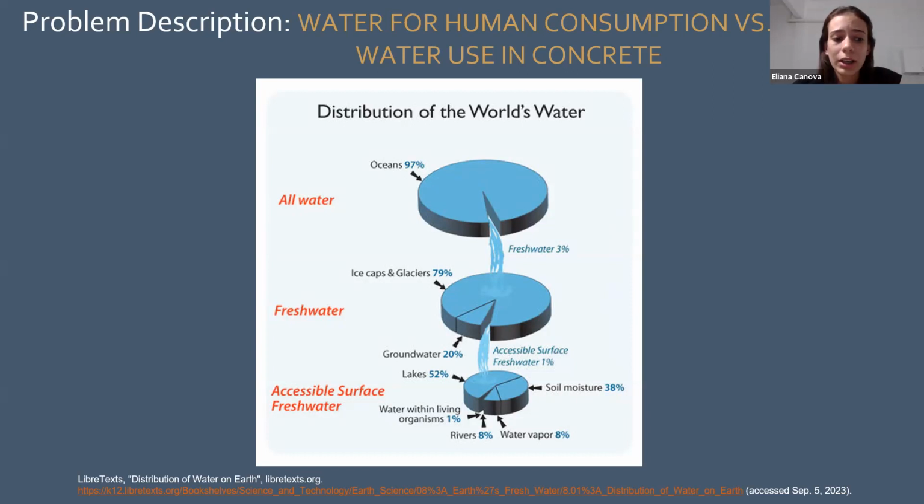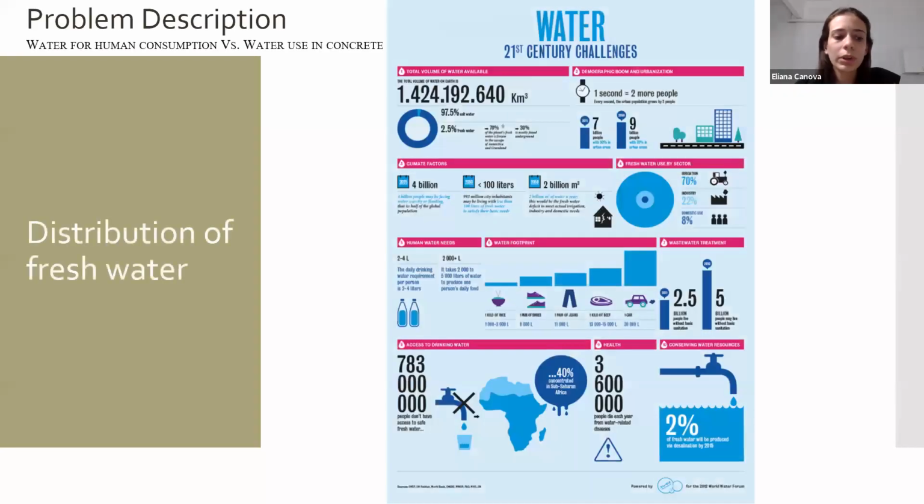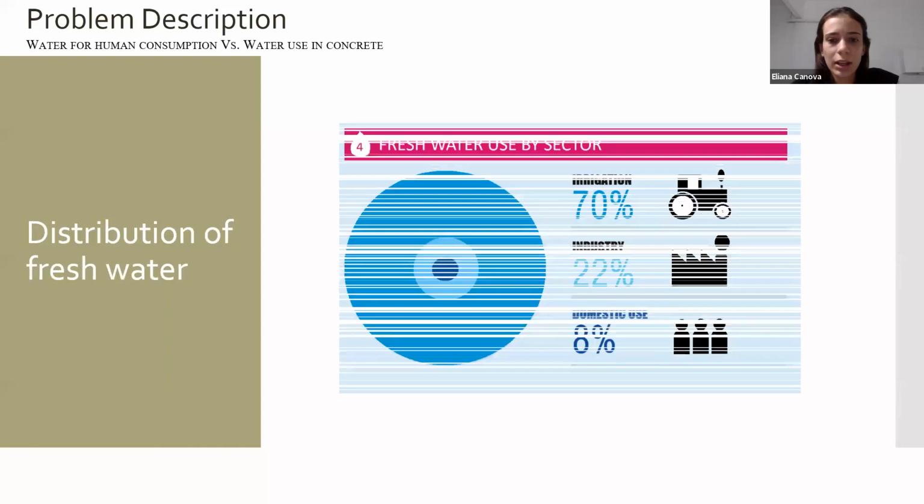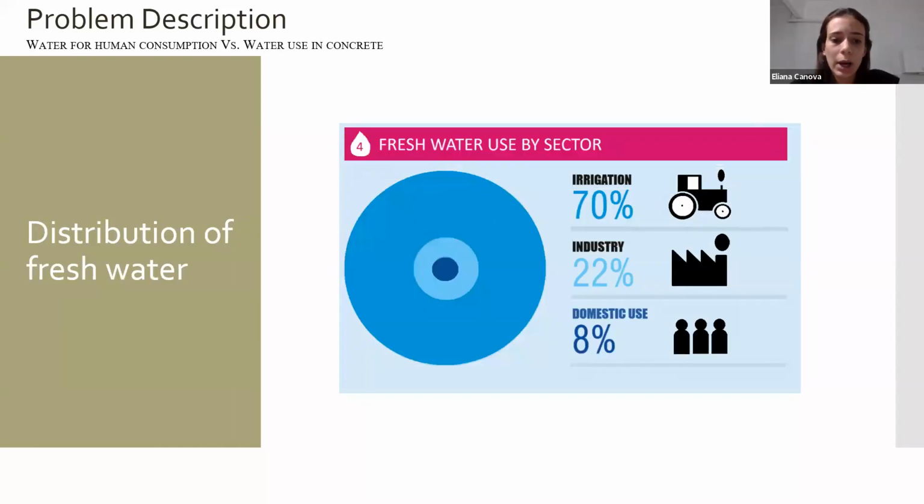Of fresh water, less than 1% is accessible. Moreover, as is shown in the figure, the distribution of fresh water is largely determined by industries and irrigation.